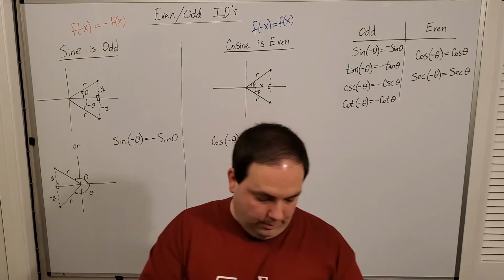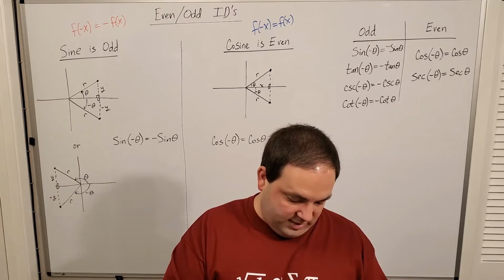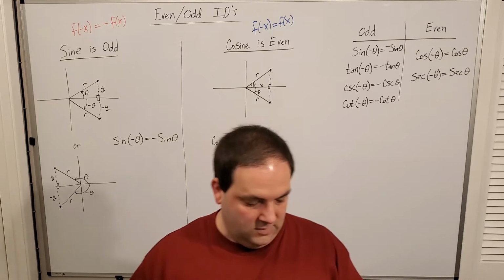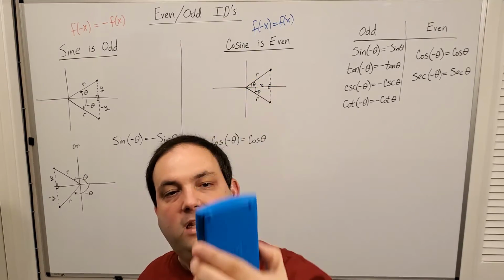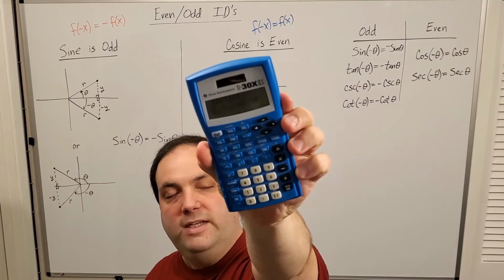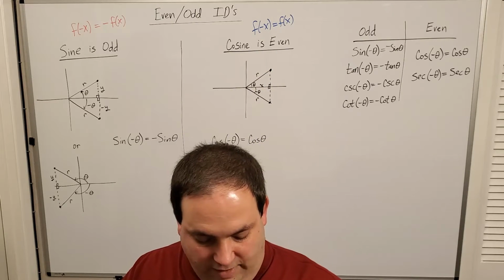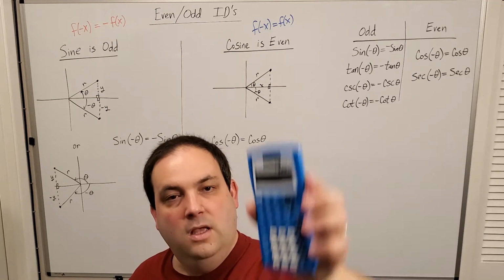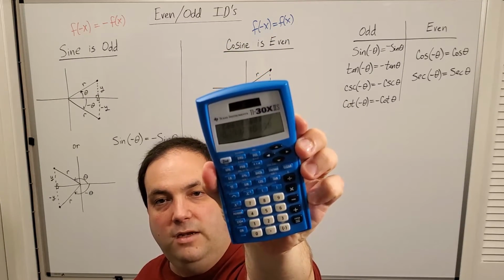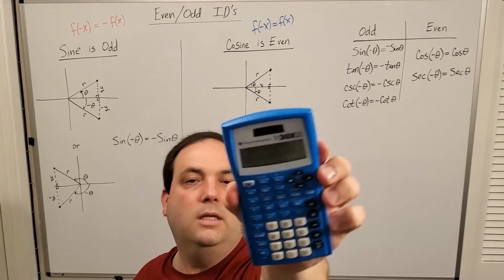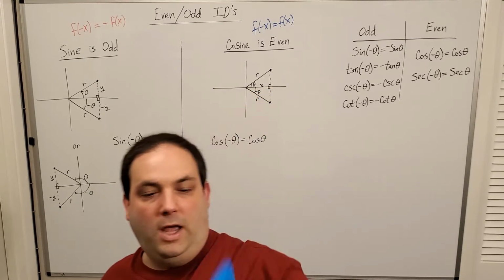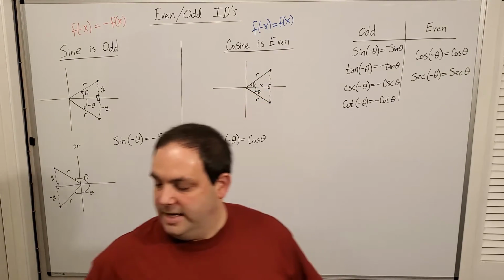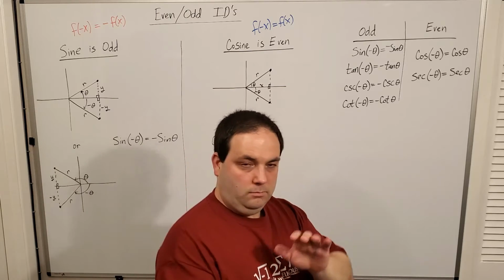So here's a couple of quick examples for you. Cosine of 100 is negative 0.1736. And if I do the cosine of negative 100, notice it's the exact same thing, negative 0.1736. Okay? Cosine is an even function.